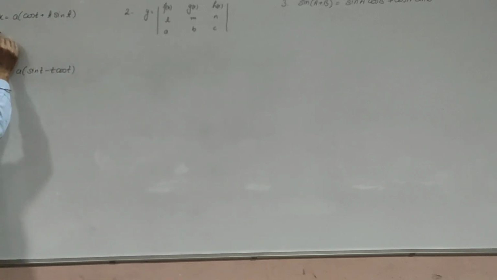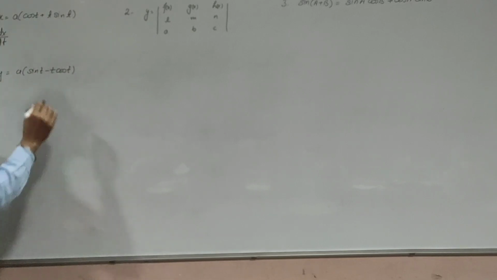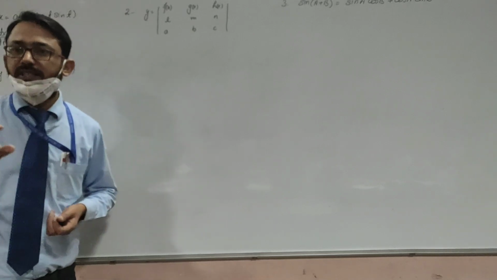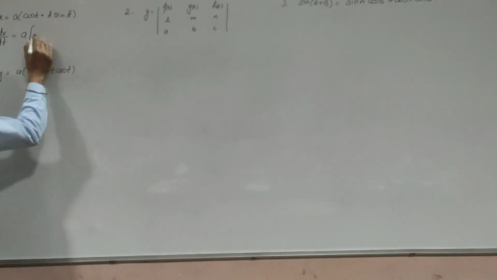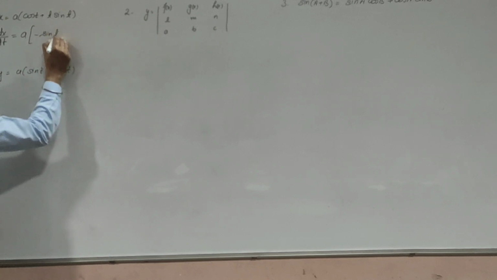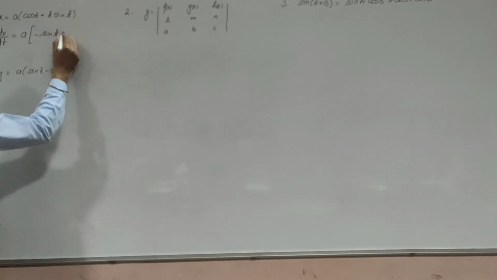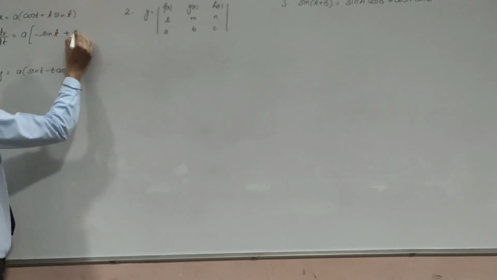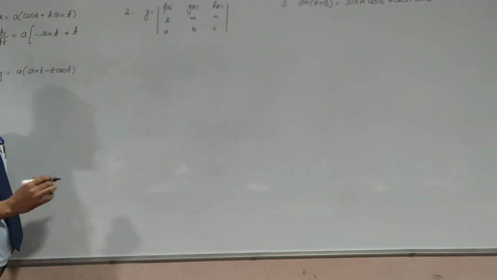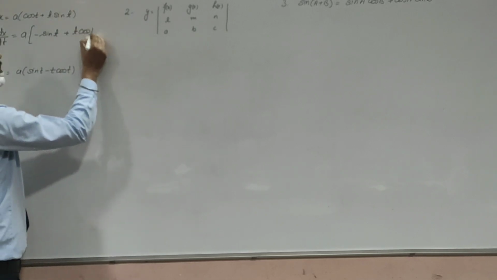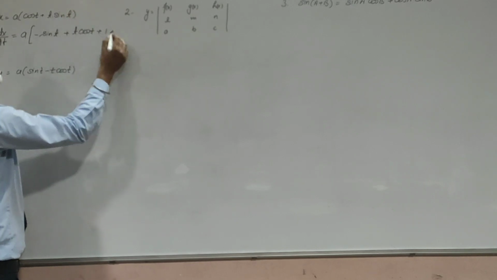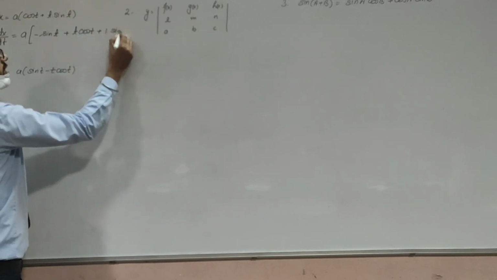So first of all, dx upon dt will be the differentiation of cos t with respect to t, which is minus sin t, plus the product rule: the first function is t, the differentiation of sin t will be cos t, plus the differentiation of t will be 1 and sin t as it is.